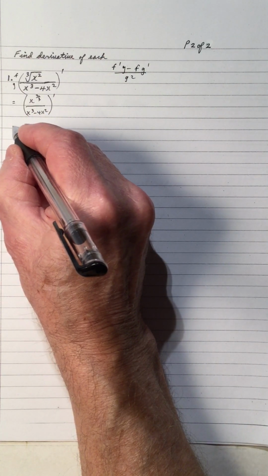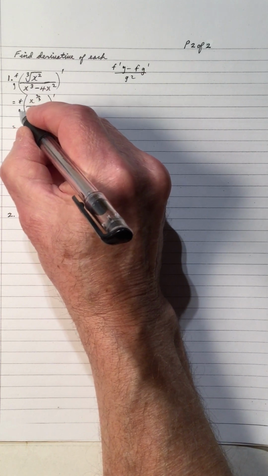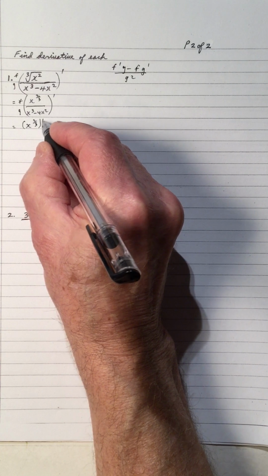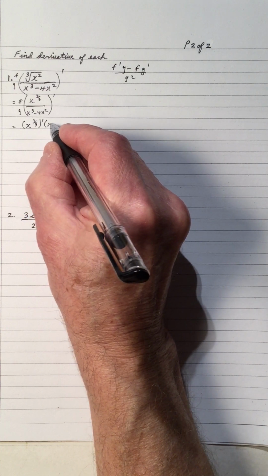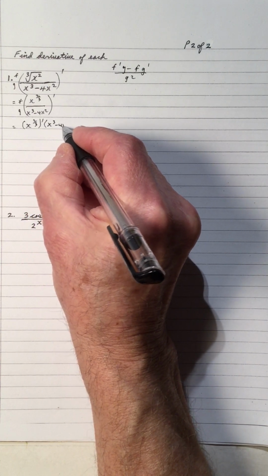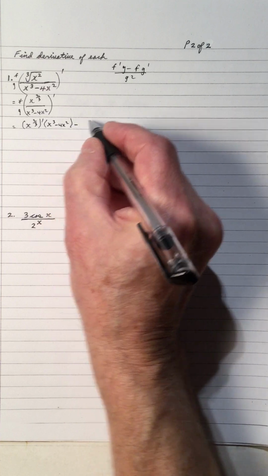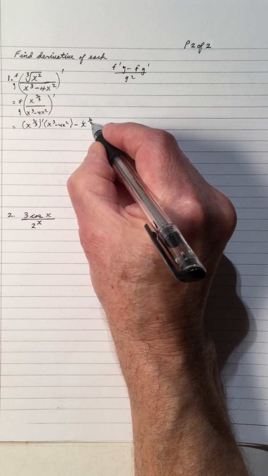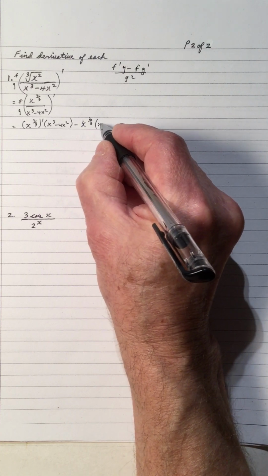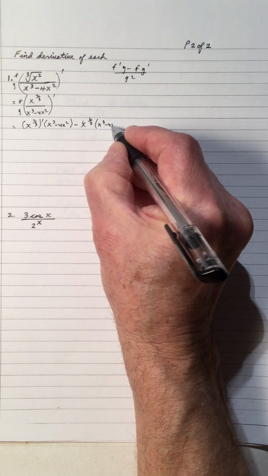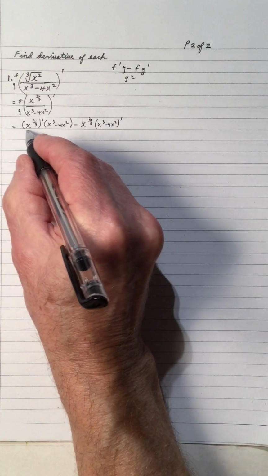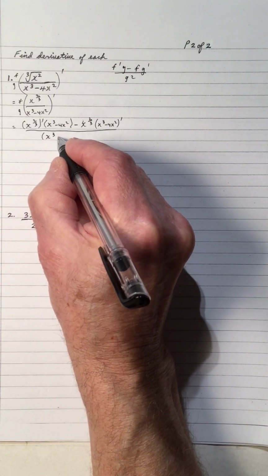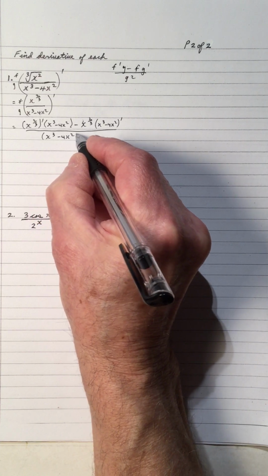Now, this is f and this is g. So we got the derivative of x to the 2/3 times the g, which is x cubed minus 4x squared. Subtract x to the 2/3 times the derivative of x cubed minus 4x squared, all over x cubed minus 4x squared.